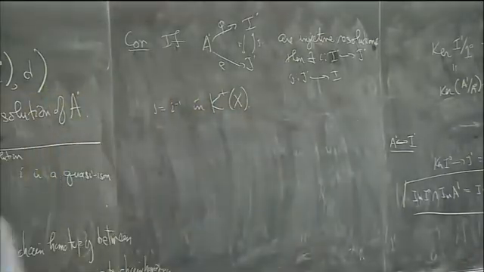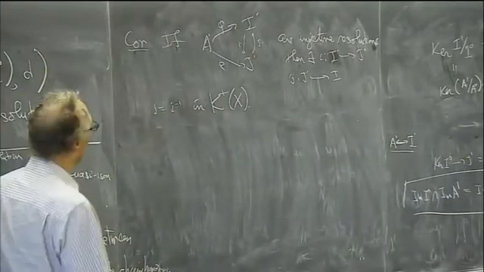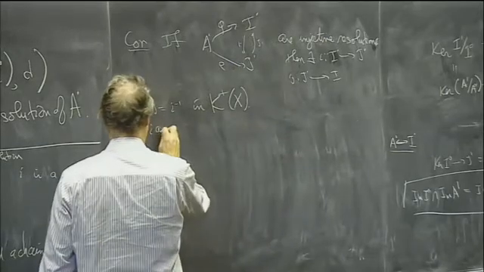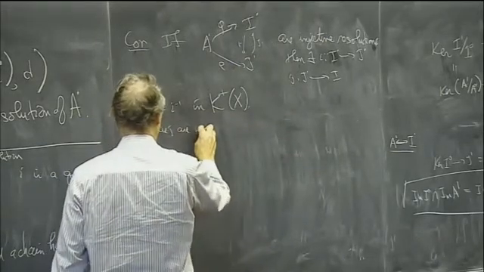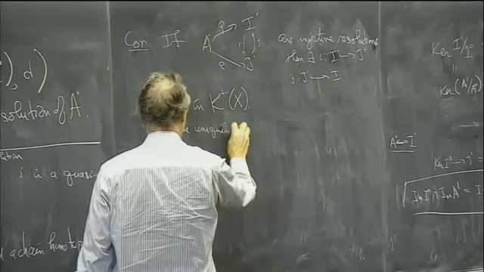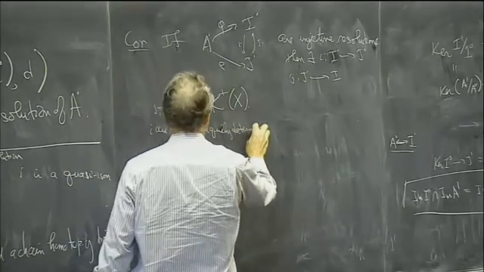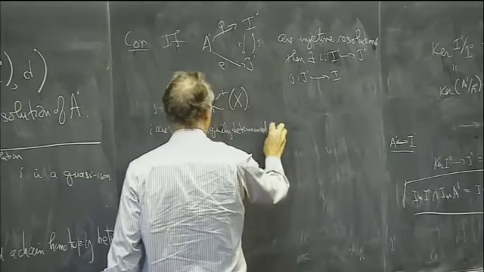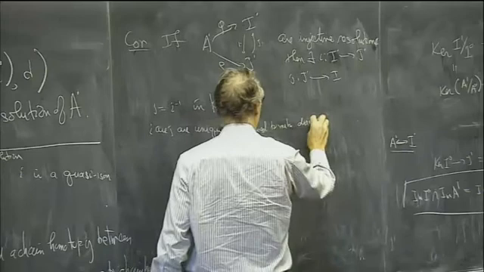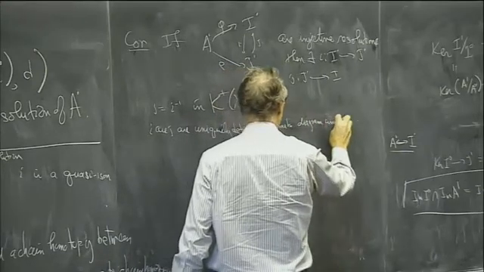Okay. So these objects I and J are uniquely determined, to make the diagram commute, up to chain homotopy, of course.